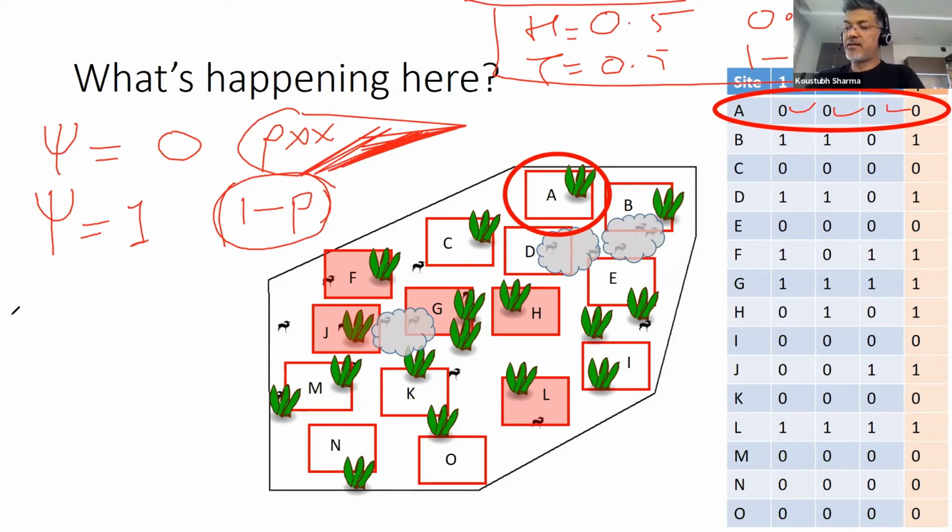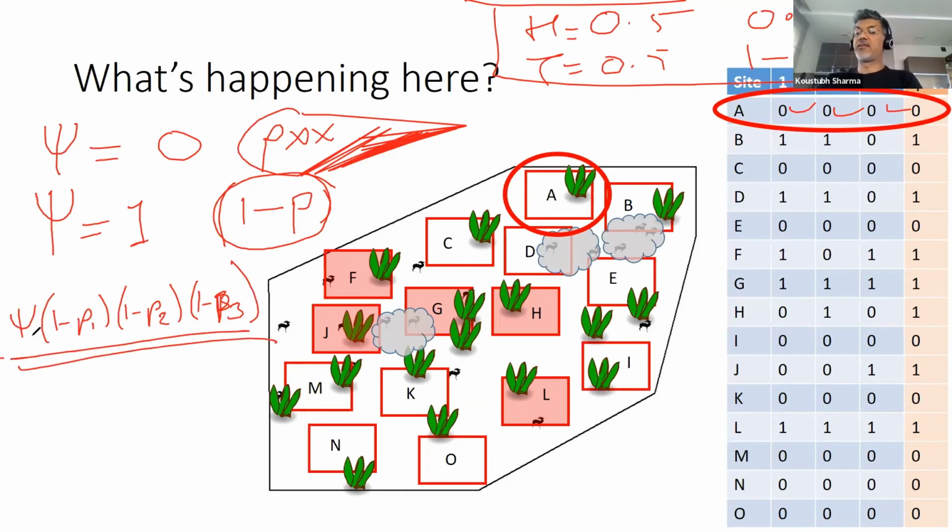But there is a possibility that the species is there, and I missed it on the first occasion, and I missed it on the second occasion, and I missed it on the third occasion. That is (1 minus P) cubed, right? Now, this is a possibility that can happen, that even though the species was there, I did not see it on the first, second, or third instance, right? That's a possibility.